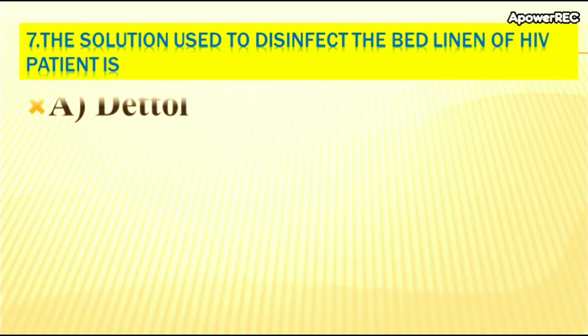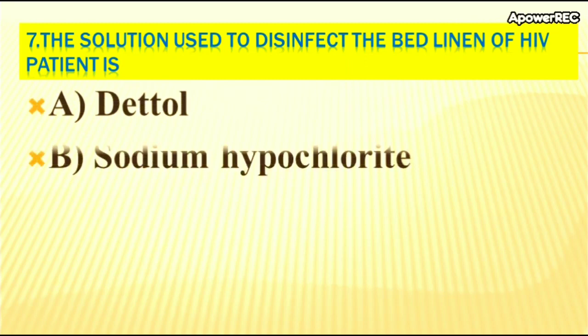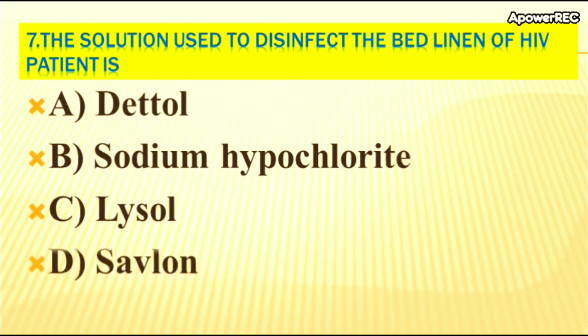The solution used to disinfect the bed linen of an HIV patient is Dettol, sodium hypochlorite, Lysol, Savlon. Correct answer is sodium hypochlorite. Sodium hypochlorite solution is used to disinfect the bed linen of an HIV patient.